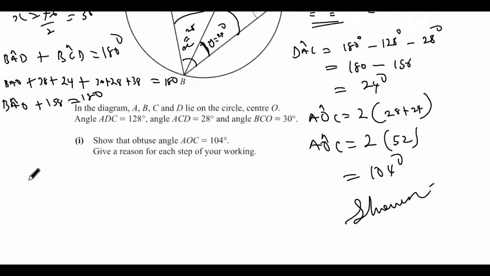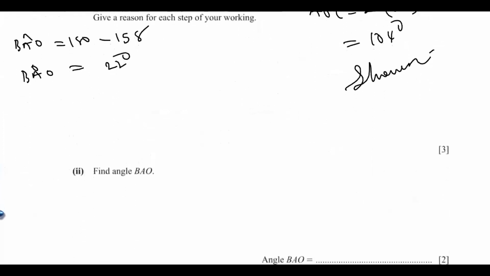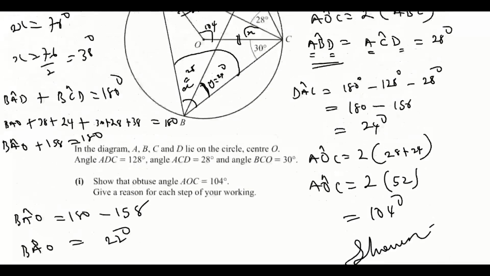So I can say BAO is now equal to 180 minus 158. So BAO will be equal to 22 degrees. So that's the value of BAO, 22 degrees. So next is the Roman figure 3 to find angle ABD. So let's go back to the diagram again.